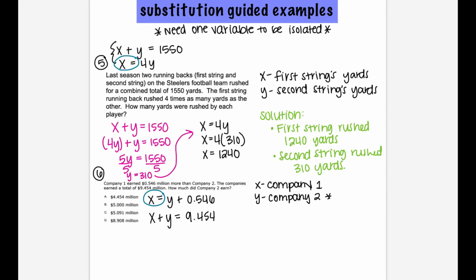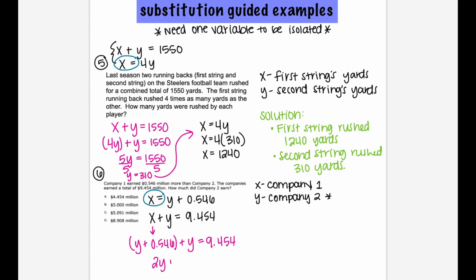And since we know that X is equal to Y plus 0.546, then I can look at this second equation and say, well, if X is the same thing as Y plus 0.546, then I can plug that in for X. So I'm going to finish writing that equation. And now we need to solve for Y.